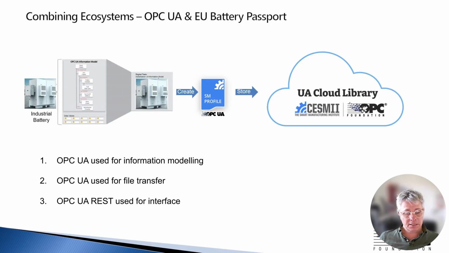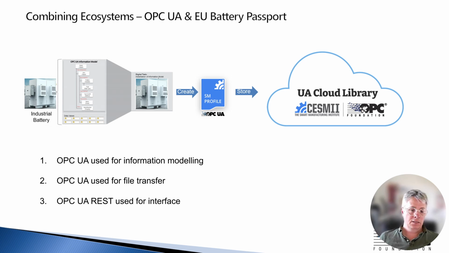So what does it look like in terms of the tool chain that you need to use? Well, you need an OPC UA information model, and we built this for the battery passport based on the type information from Catena-X. Then you need the data from your supplier for the battery. We then created this smart manufacturing profile and stored it in the cloud library.